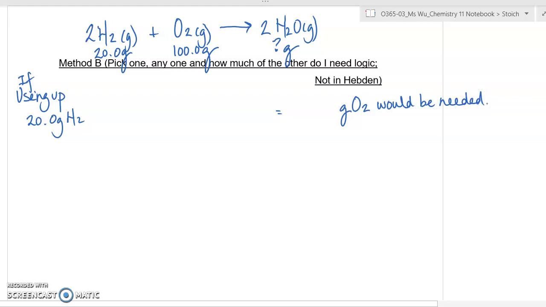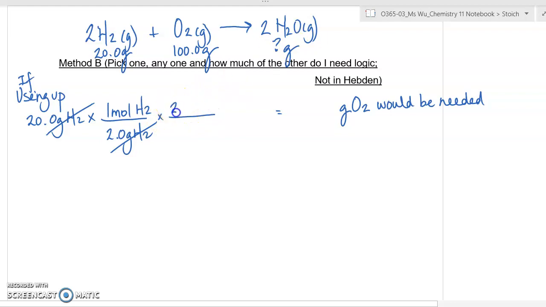Let's just look at this again. If I'm using up all of the hydrogen that's given, how much of the other reactant would I need? Got it. So let's go calculate this. First conversion factor here would be the molar mass of hydrogen, so grams of hydrogen would be converted to moles.